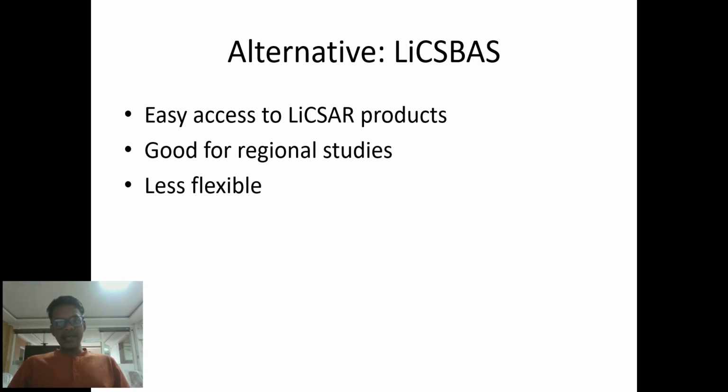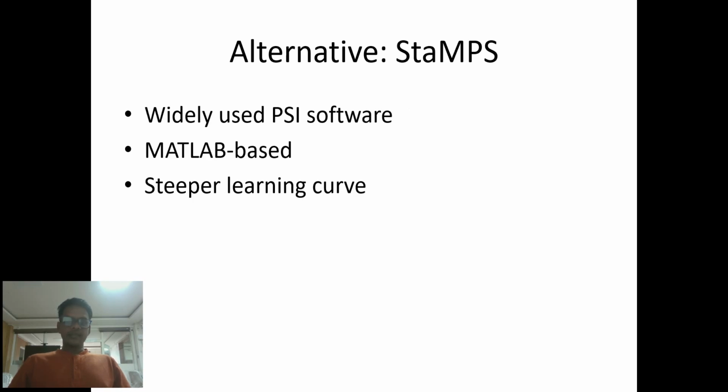And the other alternative we have is StaMPS, which is widely used as a persistent scatterer interferometry software, but it has a requirement for MATLAB. The learning curve is way steeper.